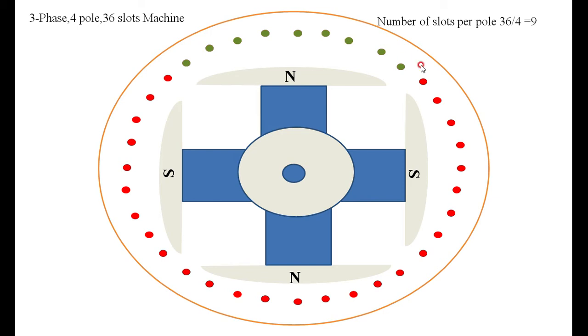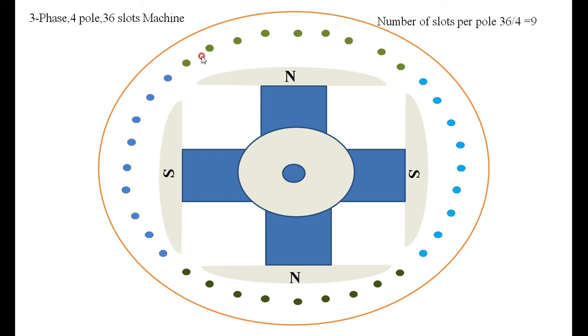These 9 slots are for the first N pole. The next 9 slots are meant for the second pole, that is the S pole. The next 9 slots are for the next N pole. Then the remaining 9 slots are for the final pole, that is the S pole. Here we have distributed the slots for 4 poles, that is the number of slots per pole.